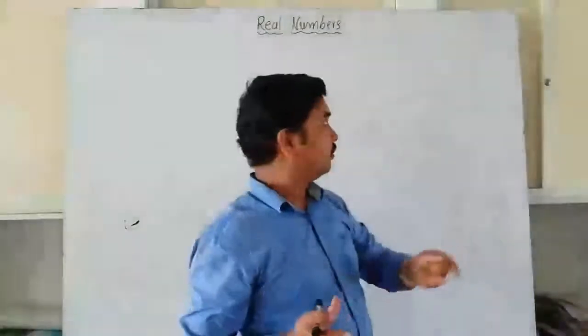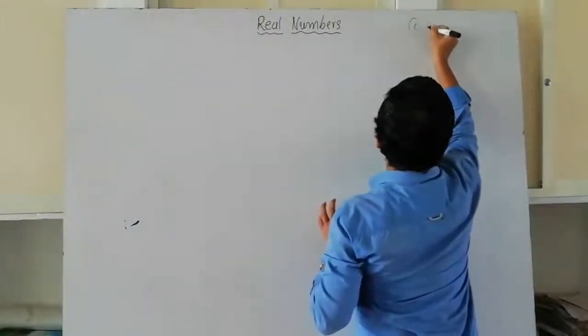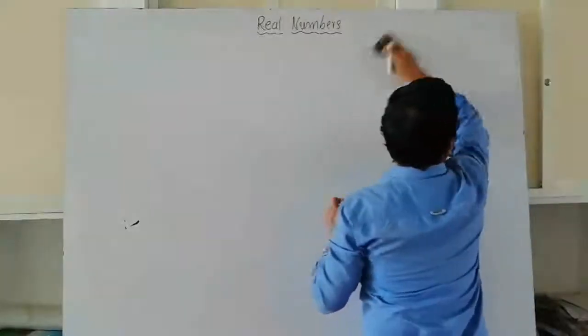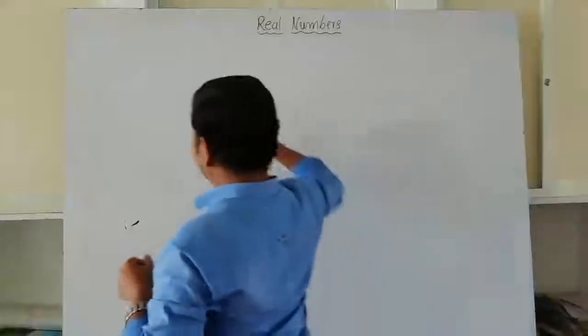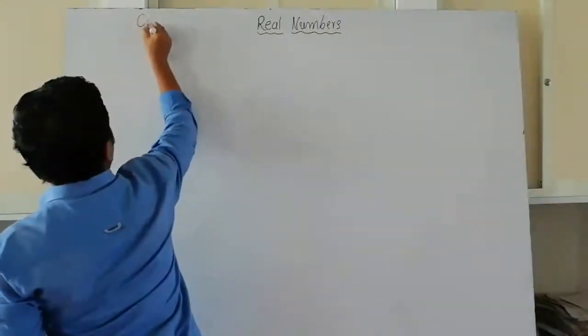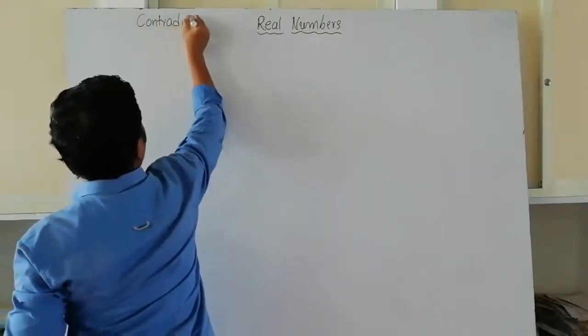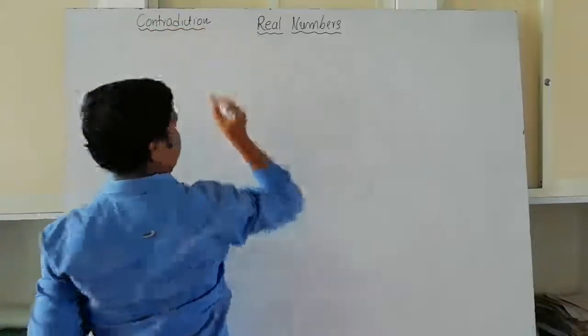And the method is based on what? The contradiction method. There are different methods of proof; among them, we are going to use the proof by contradiction method.